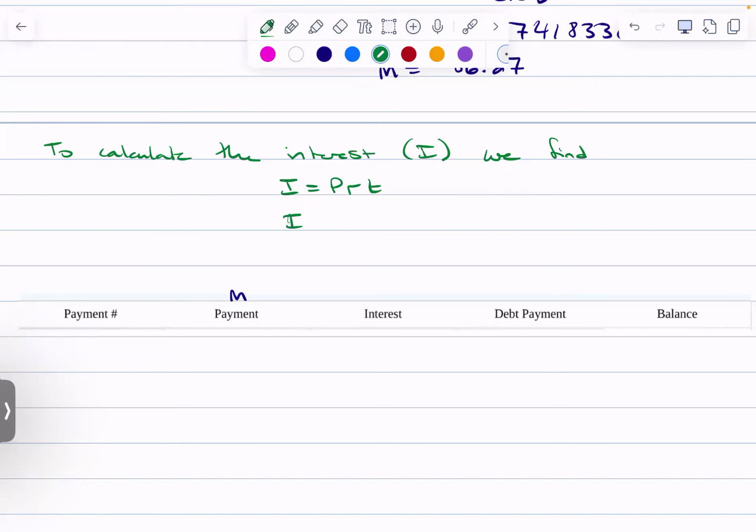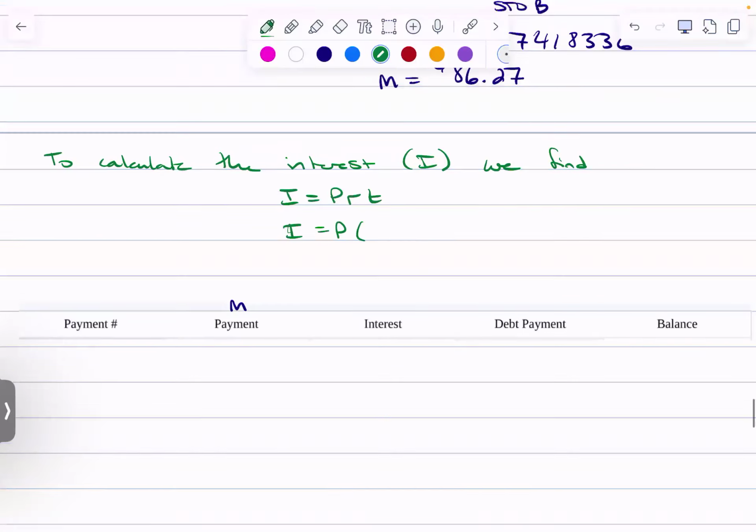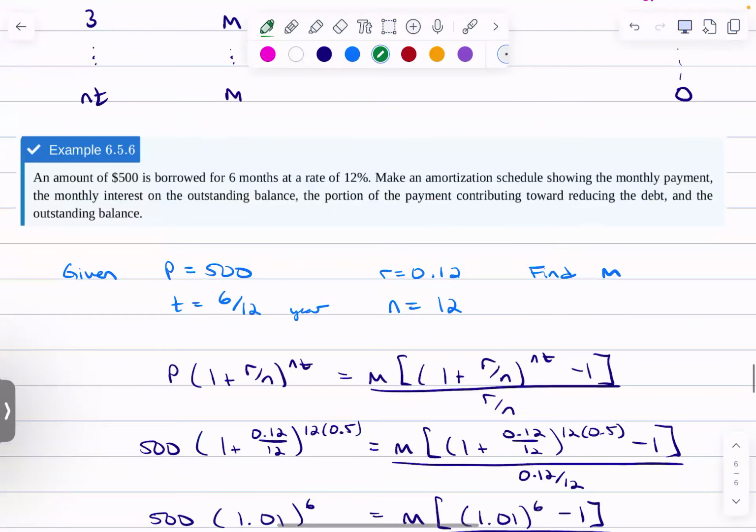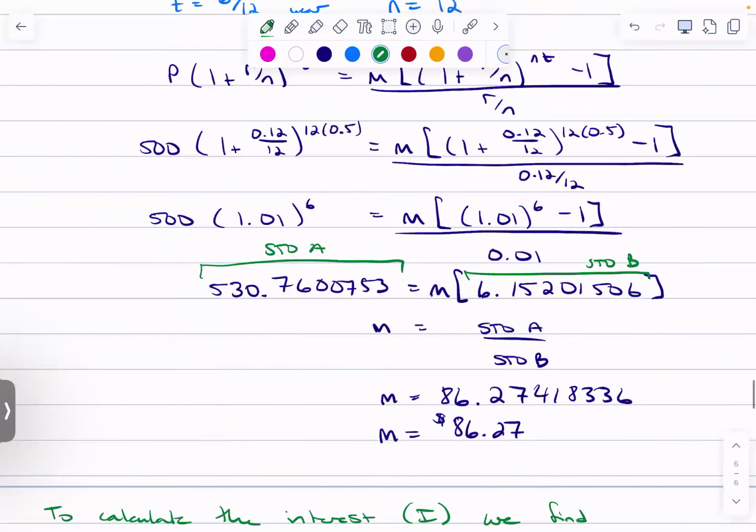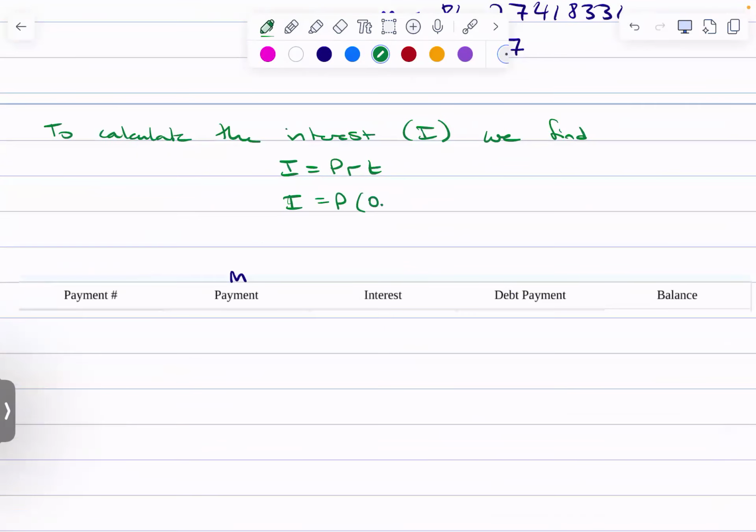And so I is going to be P times, what was it, 0.12 and monthly payments, 0.12 times 1 over 12. Okay? And that's basically R over N, right? I'll explain the 1/12. I think the R is okay, but it's the 1/12 that might be confusing, right?